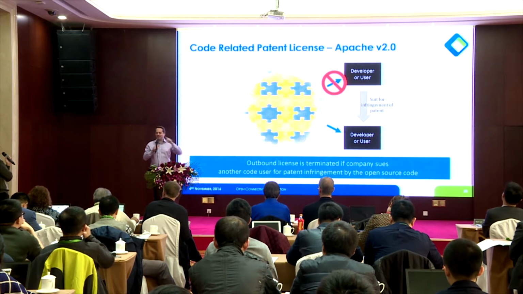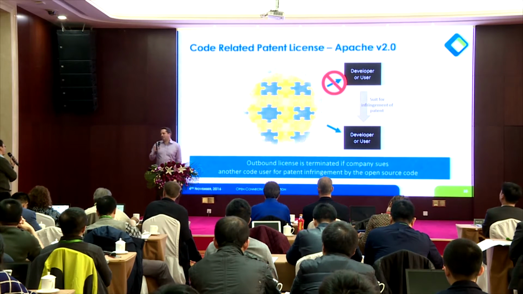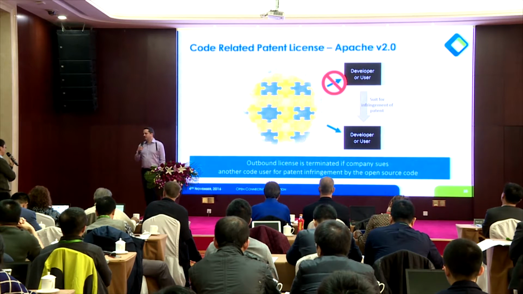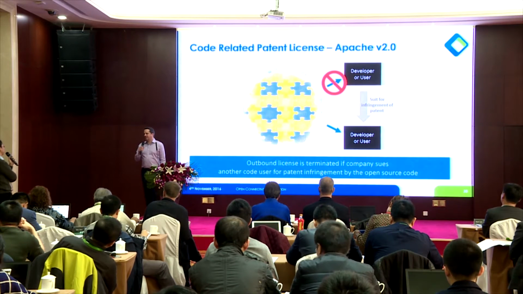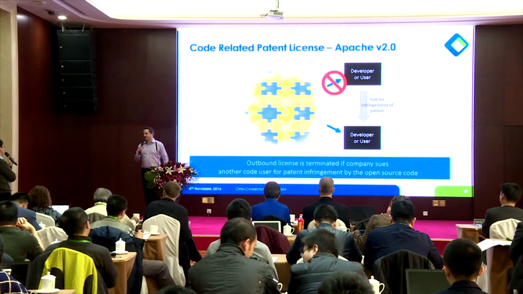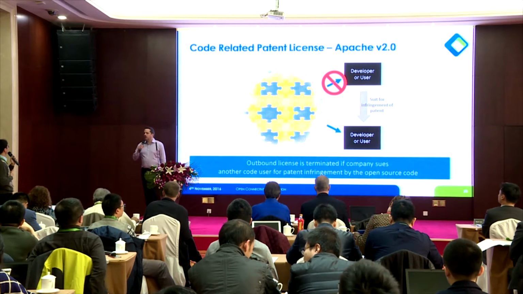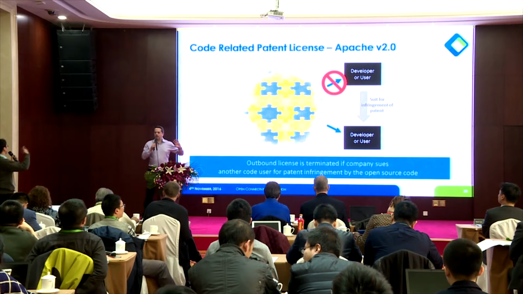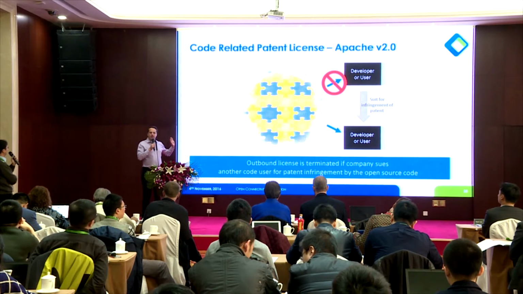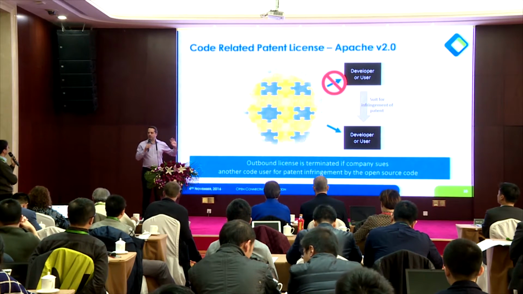I can say certainly for Intel, but I just have one question. Even if I have some patent, I still can commit the code to the activity and I can still own the patent, right? And I can sue anyone too.